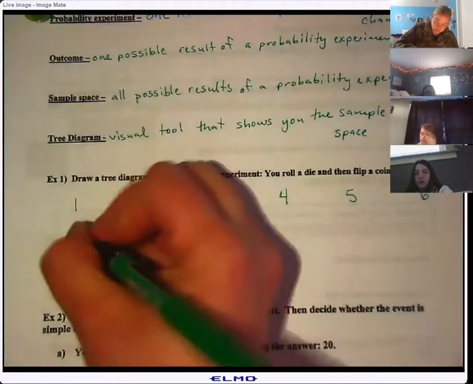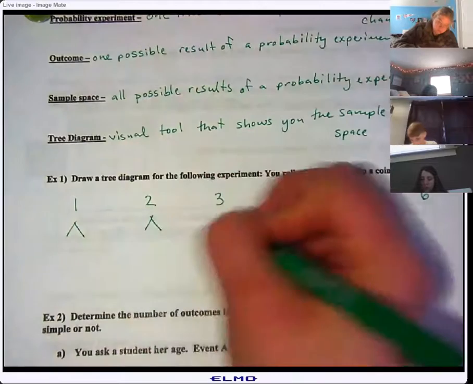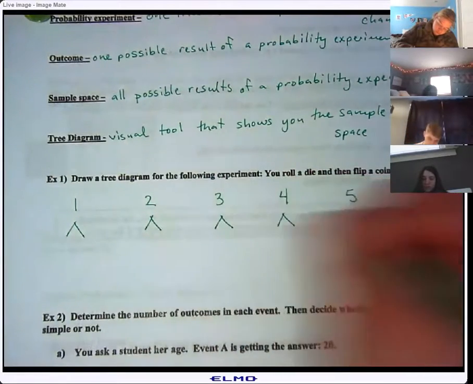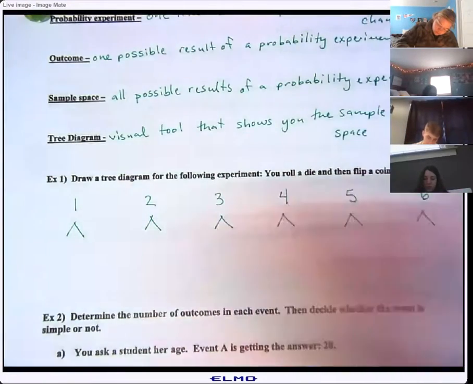And then branching off of each is heads, tails.